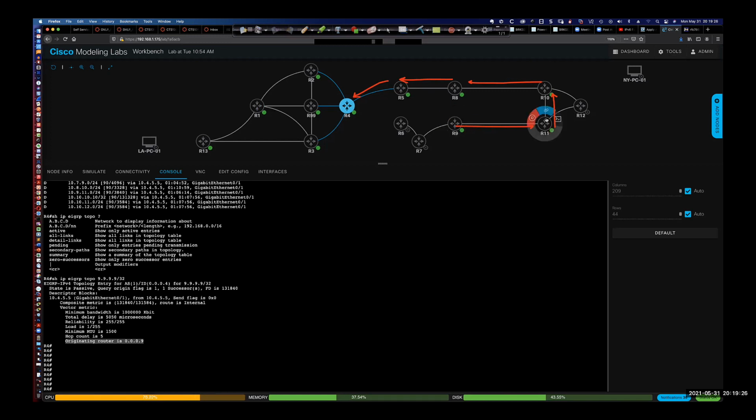Again, it came to 11, then to 10, then to 8, then to 5. And so this is what we refer to, and I commented on one of the discussion posts, as routing by rumor. And that is a distance vector behavior. What routing by rumor simply means is that router 4 has no idea other than to get to that network, I'm just going to send my traffic to router 5, because router 5 is telling me that if you need to get to the 9999, come to me.